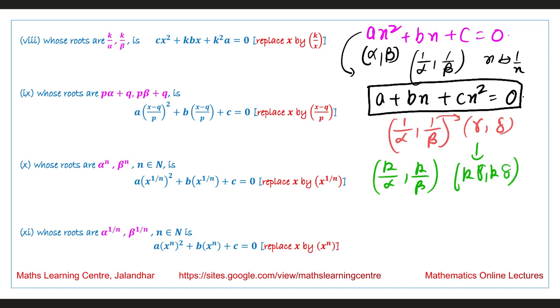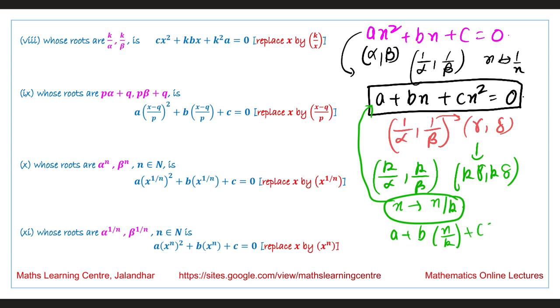Now what transformation do we have to do? We have to replace the value of x by x by k. So when we substitute this value over here, the answer we obtain is a plus b into x by k plus c into x by k square equal to 0.